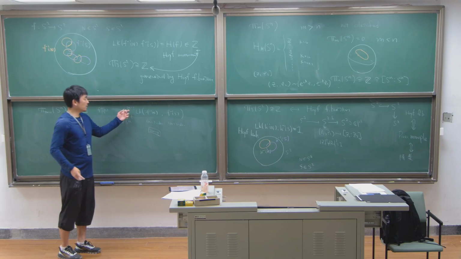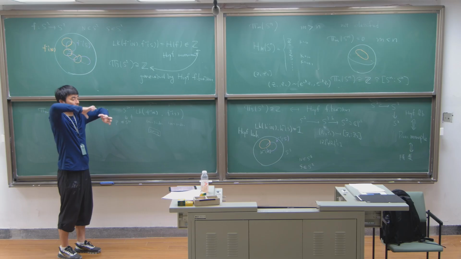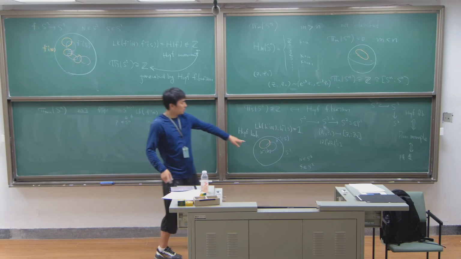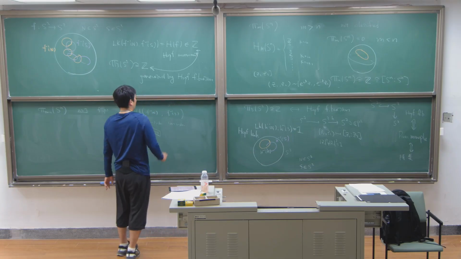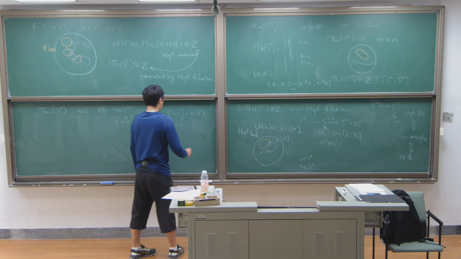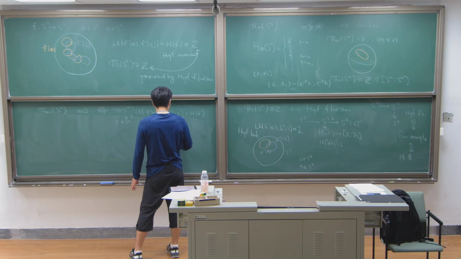And then inside the 2n minus 1 dimensional sphere, you can consider linking again, like we considered in S3. So this is for the higher Hopf invariant.